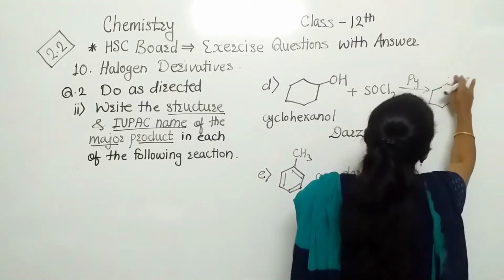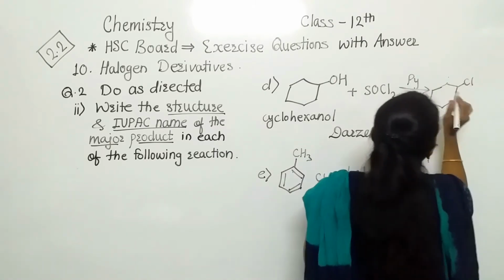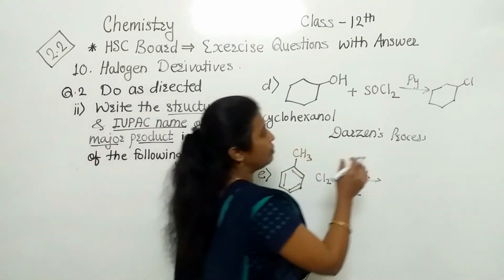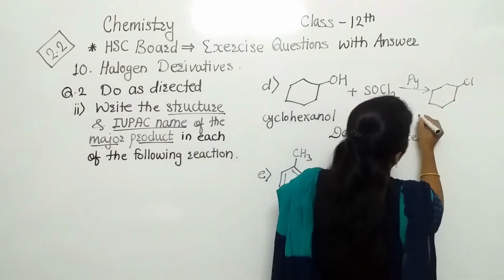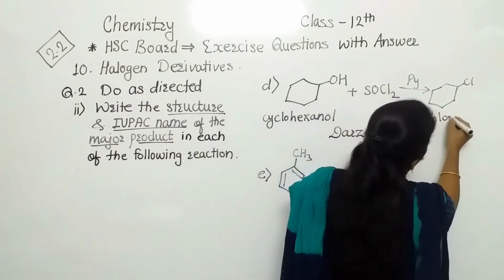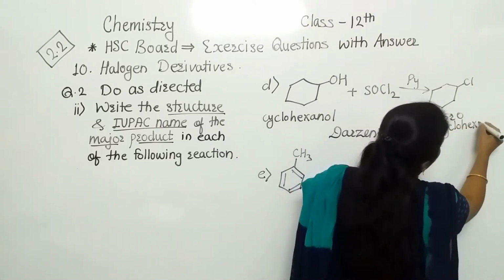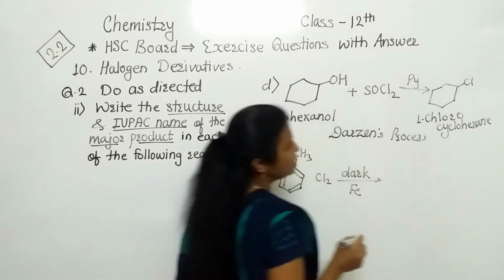If we consider this product, what is the name? The name of this one is chlorocyclohexane. This is the correct IUPAC name.